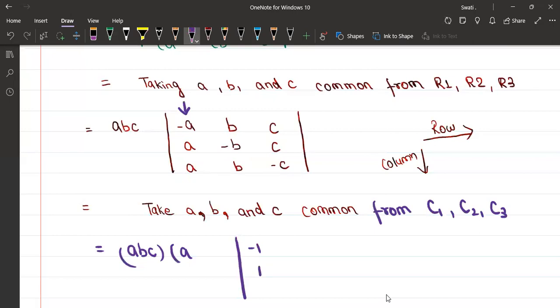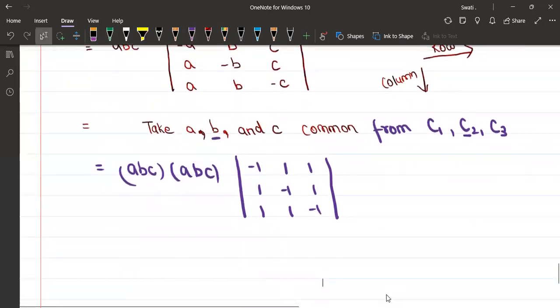Now b I'm taking common from column 2, so I'm left with 1, minus 1, and 1. And from the third column, I'm taking c common, so we have 1, 1, and minus 1. This is what we have inside the determinant.